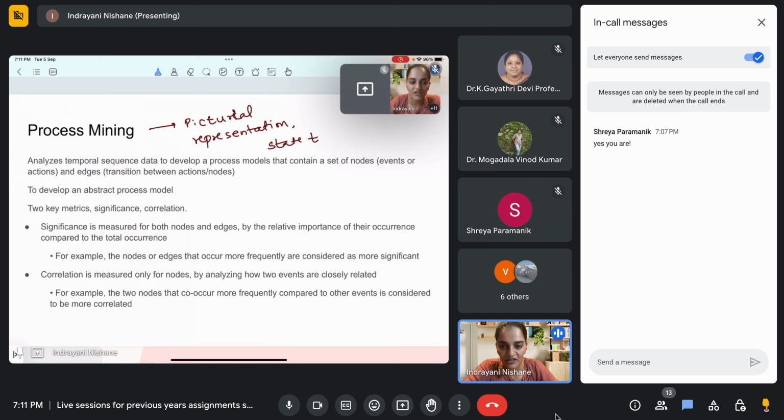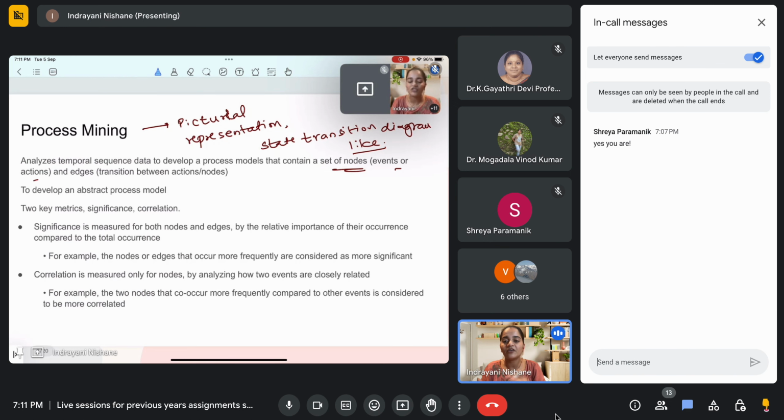It is not a state transition diagram, but it looks very similar to one. So what it does is it will analyze these sequences of actions and try to map them as nodes and edges. Each of the actions or events will be a node, and the edges are transitions.